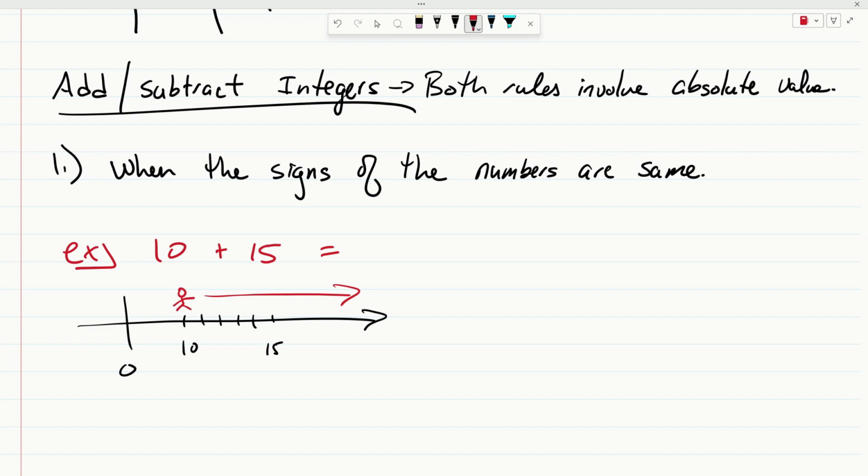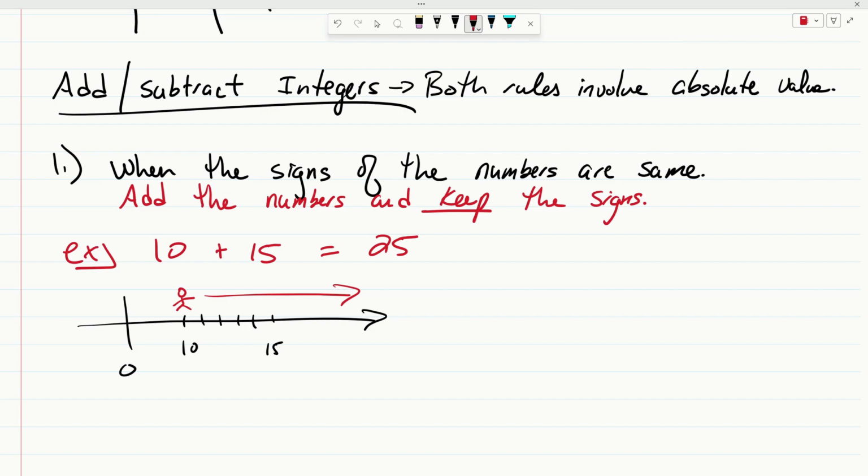So 10 plus 15 obviously is 25, because you're starting at 10 and you're moving 15 units to the right. So when the signs of the numbers are the same, you add the numbers and you keep the sign. So that's why 10 plus 15 is positive 25.